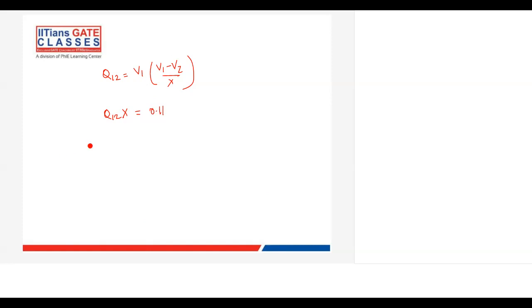And what would be the new Q12? It would be V1 into V minus 1 divided by X, which is also equal to 1.2 times Q12.